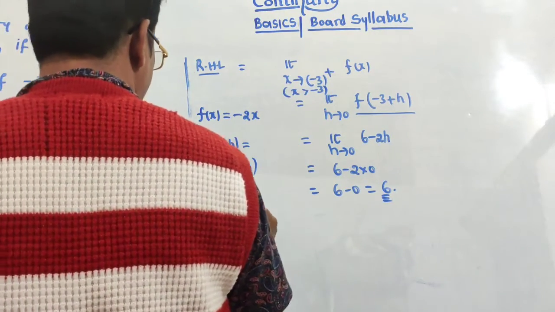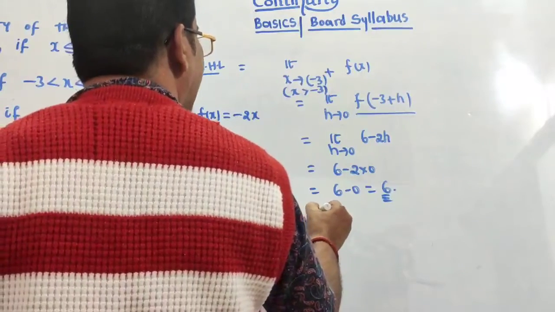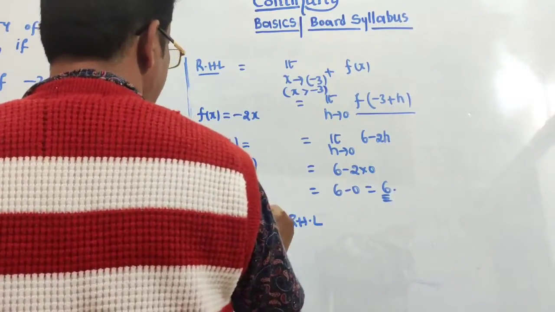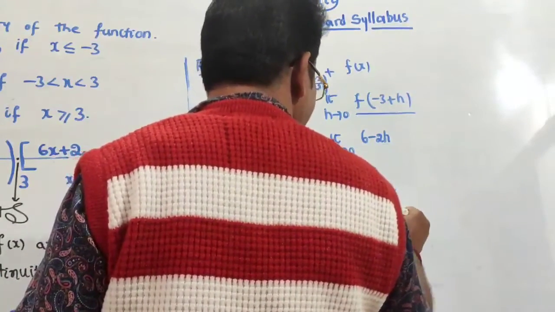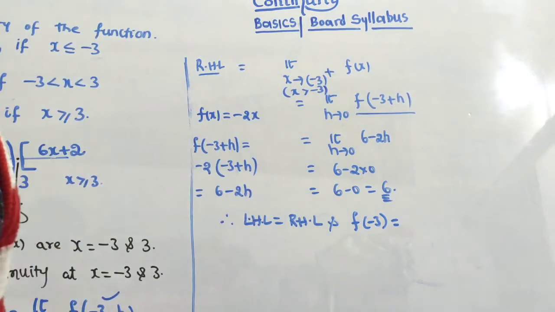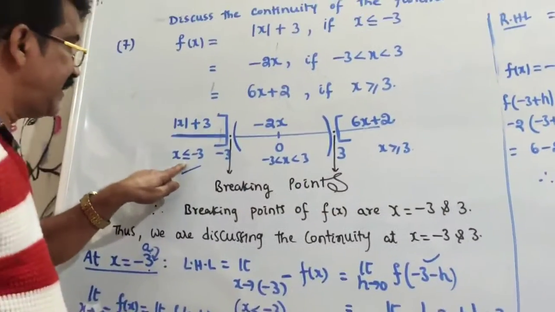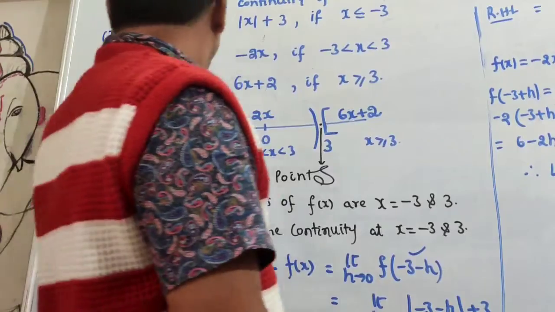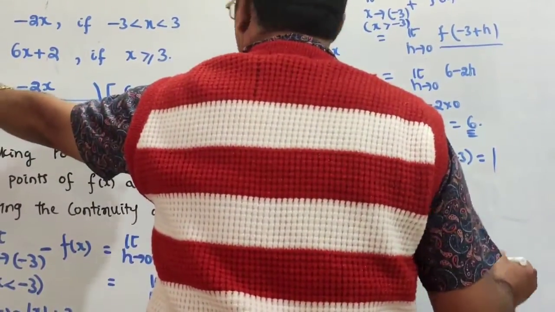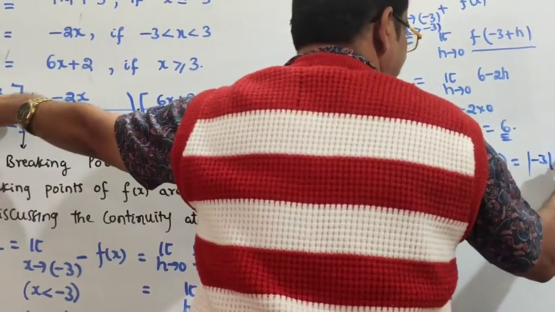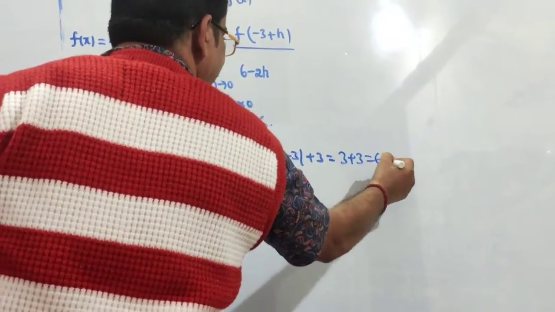So therefore the left hand limit equals the right hand limit. Okay, next, what is the value of f of minus 3? F of minus 3 is the value at minus 3, which is here. So f of minus 3 means modulus of x plus 3 with x equal to minus 3, that is modulus of minus 3 plus 3, which is 6.